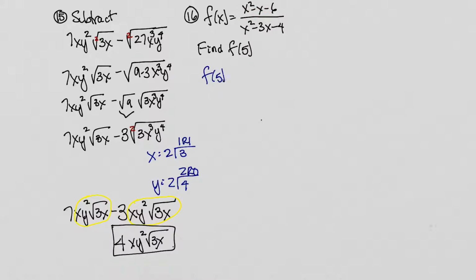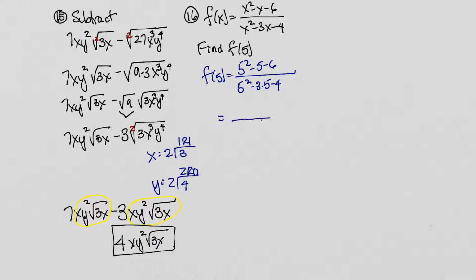f of 5 is going to be, now that x we replaced with 5, so replace all the x's with 5. We will get 5 squared minus 5 minus 6 on the top. On the bottom, 5 squared minus 3 times 5 minus 4.